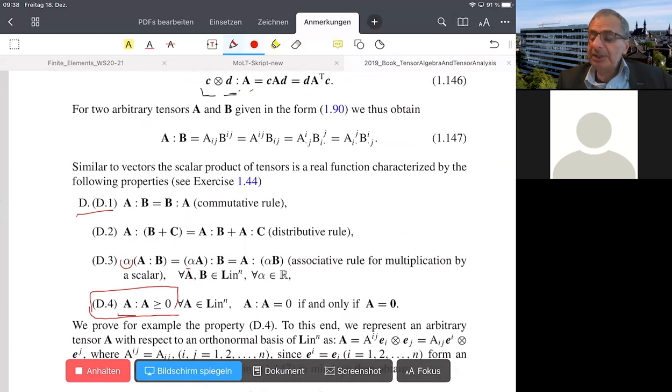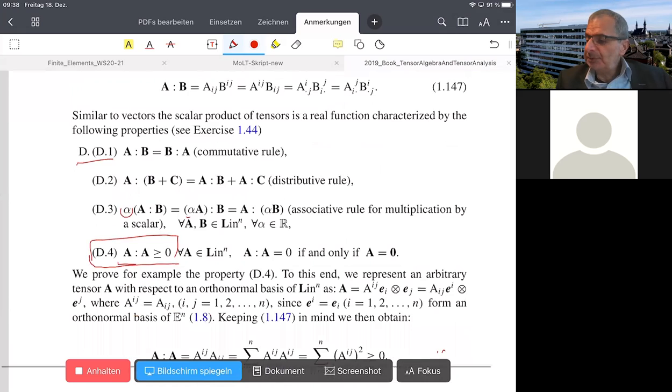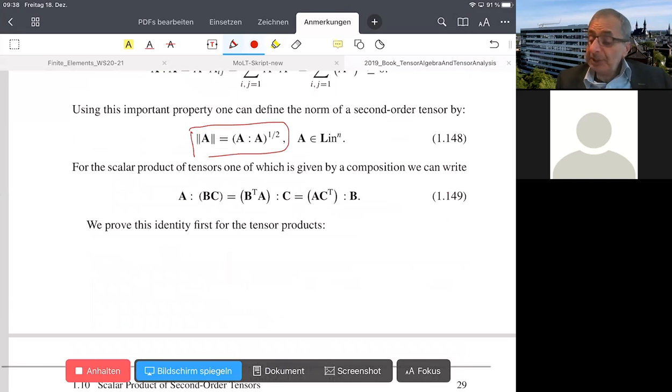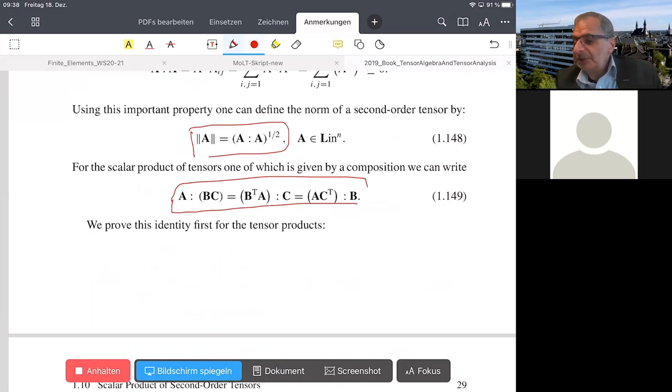And also other properties, we call these properties D. We proved it today with you: commutative rule, distributive rule, and associative rule for the multiplication by scalars. This was a very important formula we will use in continuum mechanics, namely the formula for the scalar product of a tensor by the composition of two other tensors, which can be reorganized.